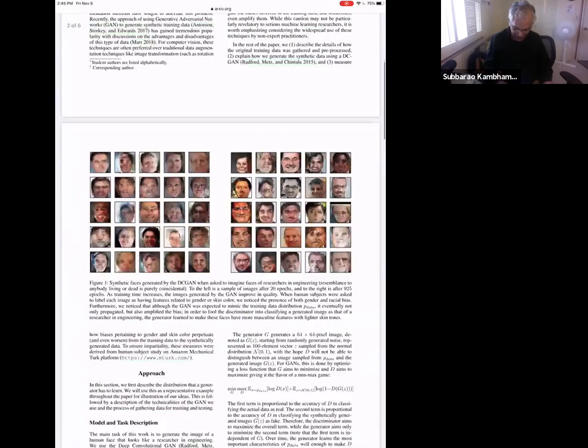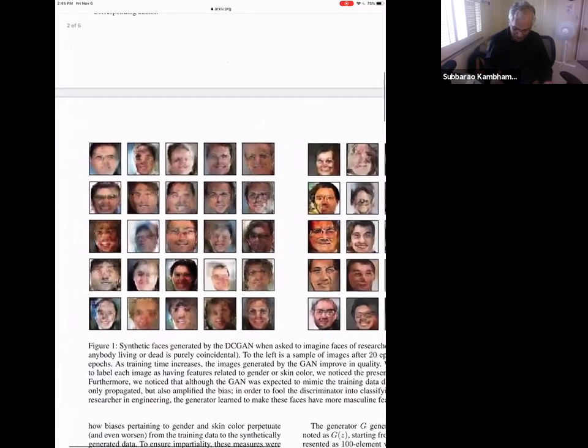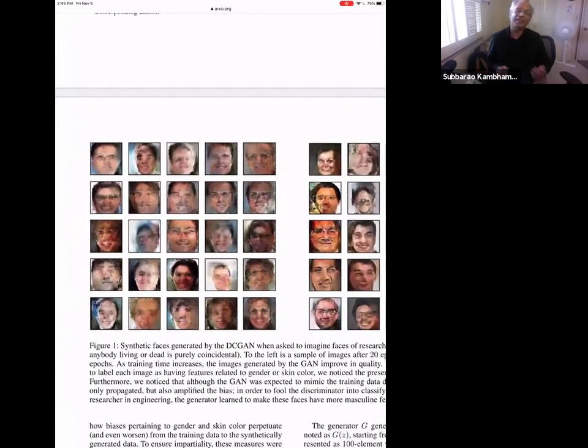So anyway, this is the picture. These were not NVIDIA quality pictures. They all look like augurs because they were low res pictures of the faculties that Niharika and co picked up and then generated new pictures from.